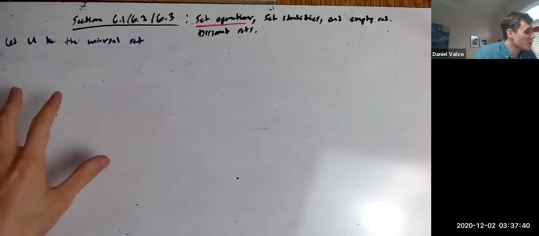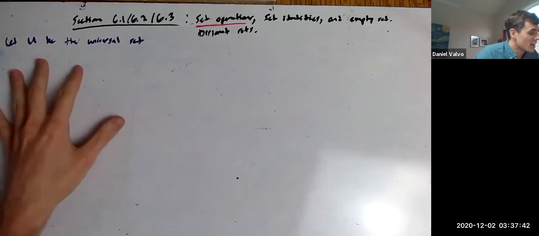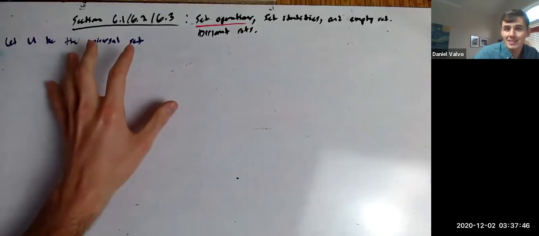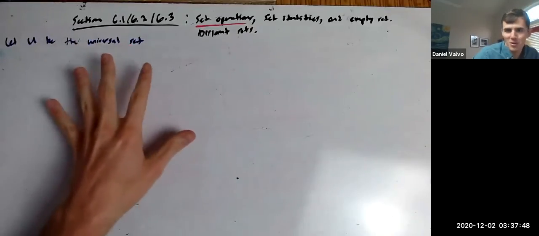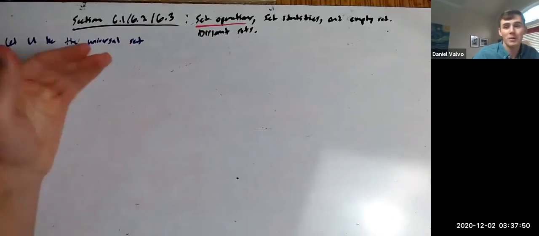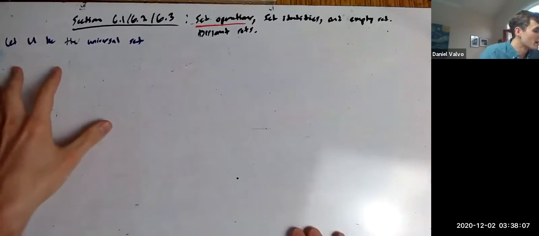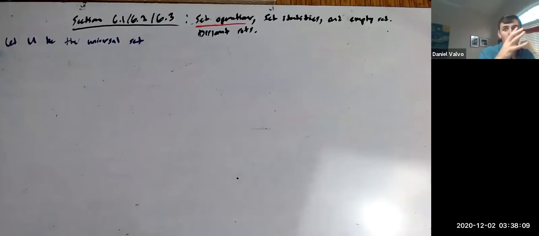The point being, U is the universal set, but this does not mean that U is the set that contains all sets. That's the whole reason we bring U up to begin with, because there is no universal set that contains everything we could possibly imagine. There are some weird contradictions that come up if you start talking about that. So there is no overall universal set.